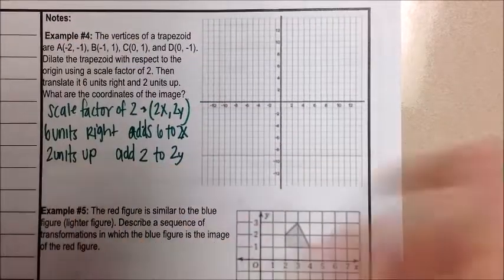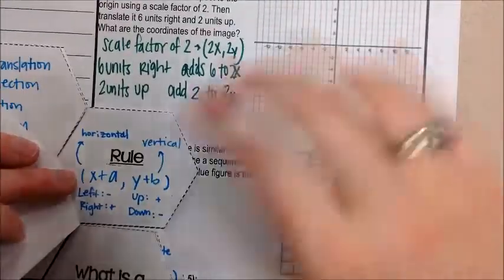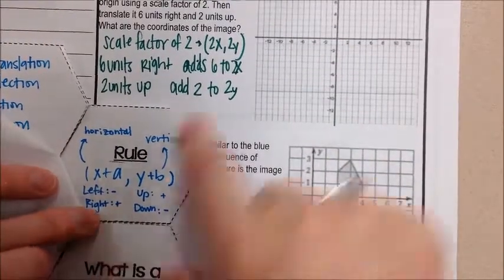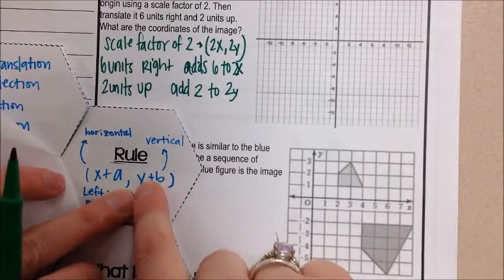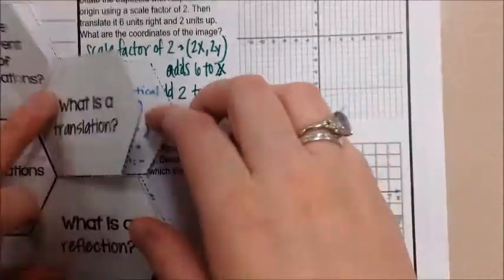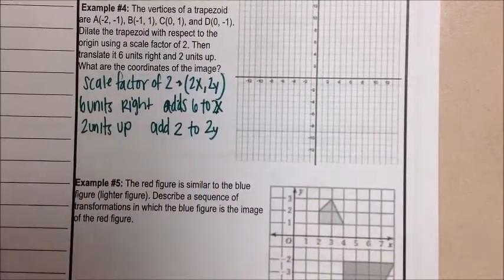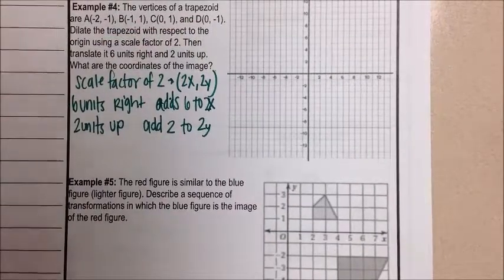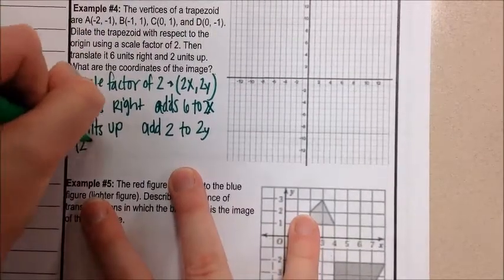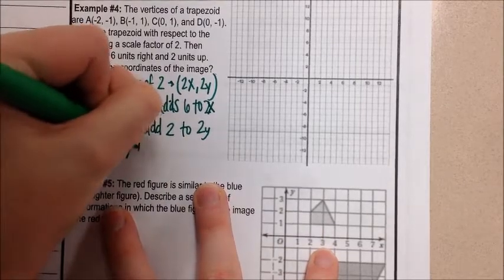Remember, if you look back at my foldable, right is positive, so I'm adding 6, and up is positive, but it's y, so I'm adding to the y. I'm not adding to my original coordinates, I'm adding to the image that I've created by dilating. So really what I'm doing to my coordinates is 2x plus 6 and 2y plus 2.